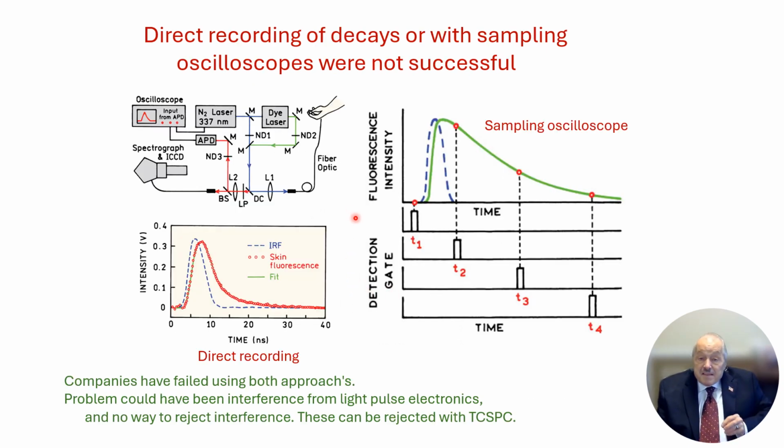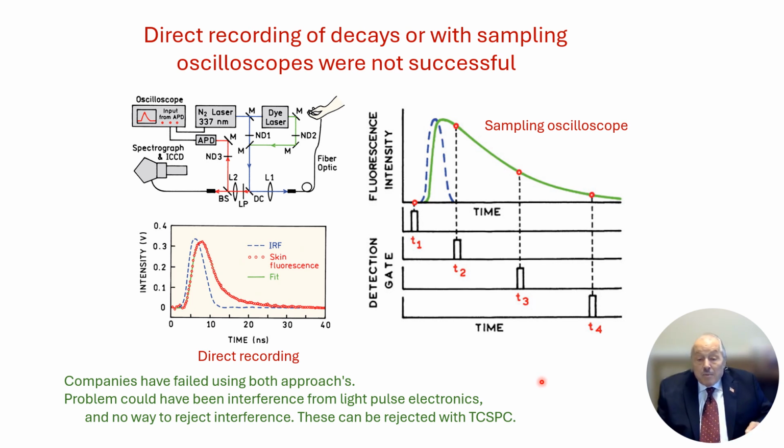There have been attempts to make such commercial instruments, and I'm telling you this just to help you understand why lifetime measurements have been difficult. There have been attempts to record the entire decay directly, and to use a sampling oscilloscope to measure the decays, and these have just not worked well enough.